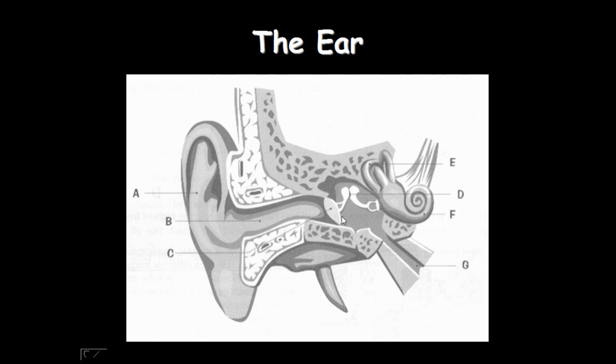The vibration gets approximately 10 times amplified by this arrangement and reaches the cochlea. This is a coil-like structure, and this is the cochlea. This cochlea is finally responsible for generating electrical signals in response to these vibrations.